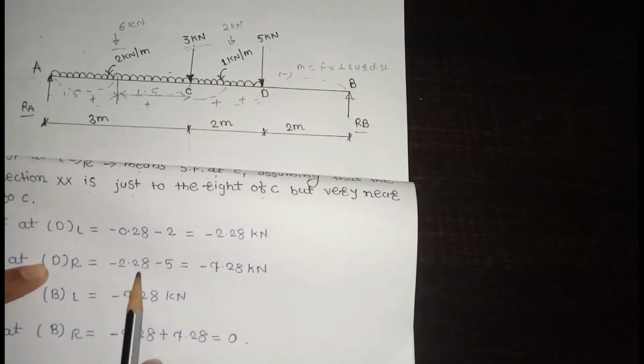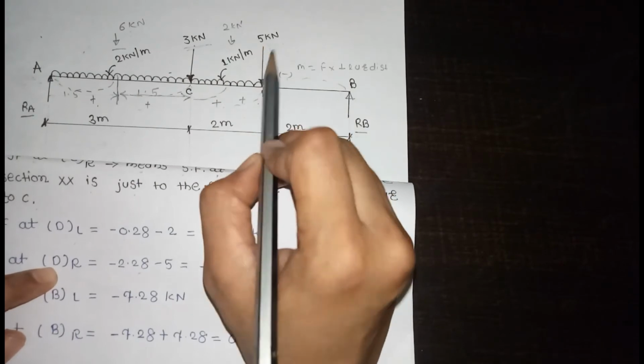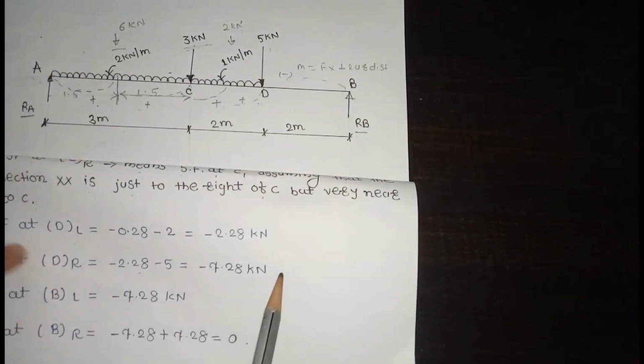Shear force at D right is the previous value minus 2.28, minus 5, a downward force, which is equal to minus 7.28 kilonewton.